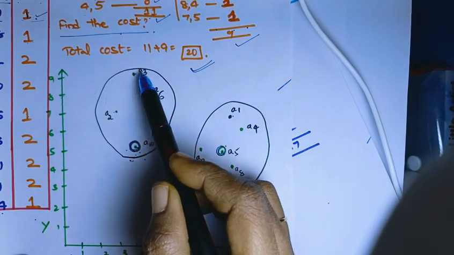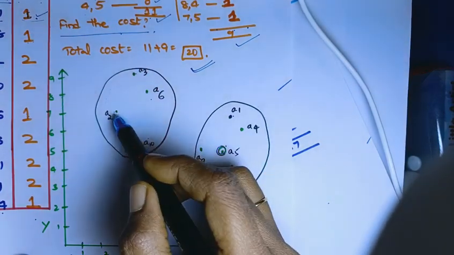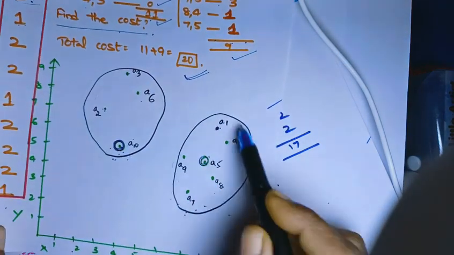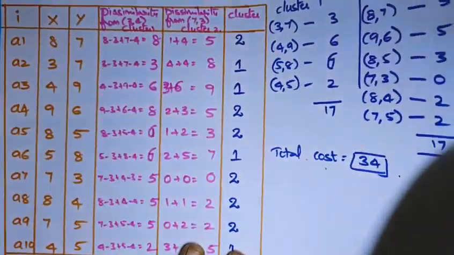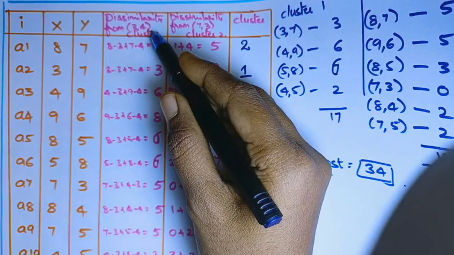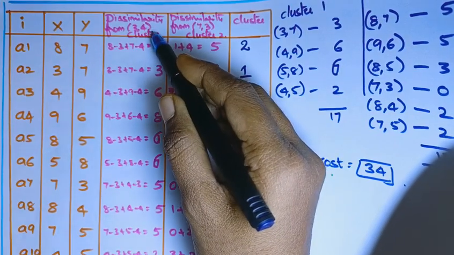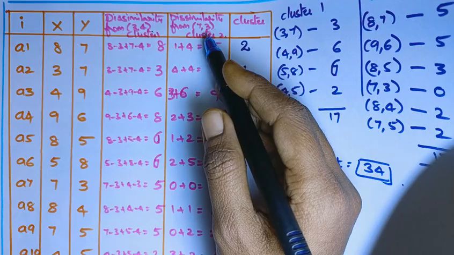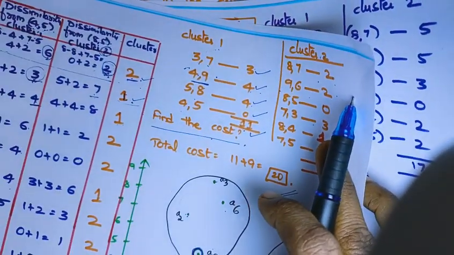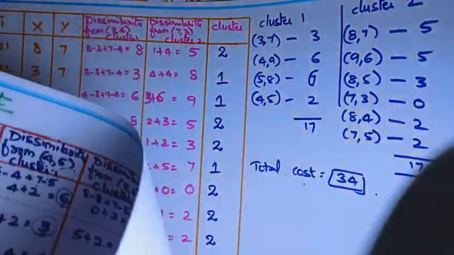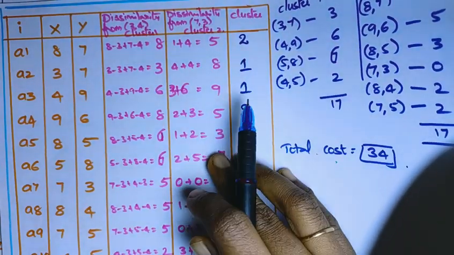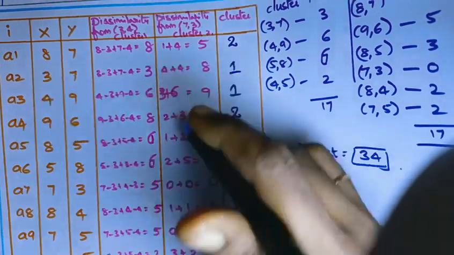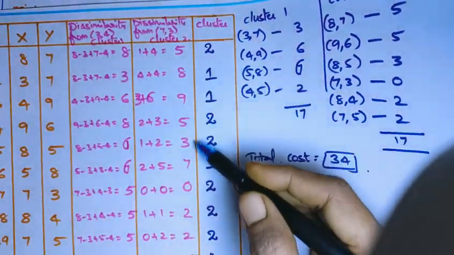From this cluster 1, again choose randomly any one centroid or medoid. So from the cluster I have chosen 3 comma 4. Same formulas you need to apply again here.